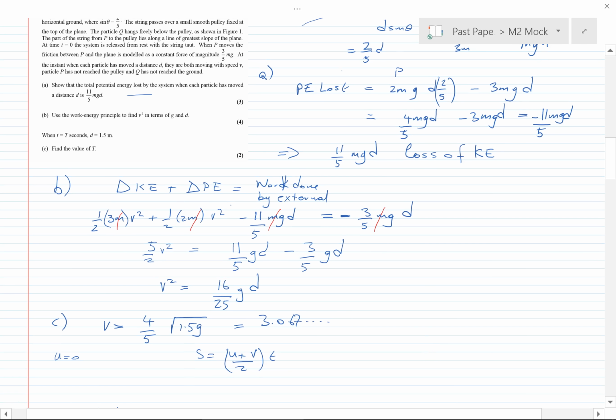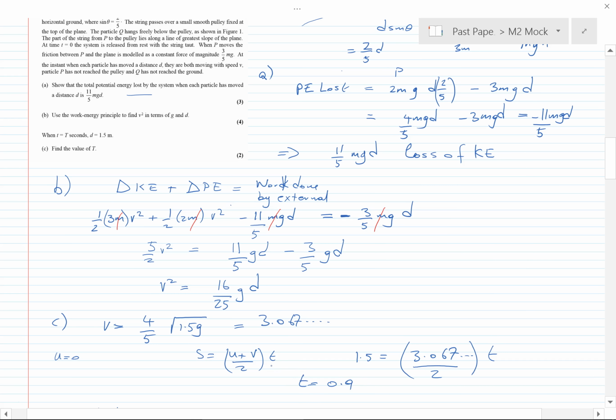Okay, so that gives us s, which is 1.5, is equal to u plus v, so u is 0, so that's 3.067, and all the other stuff divided by 2, times t, and that gives us a value of t equal to 0.978.